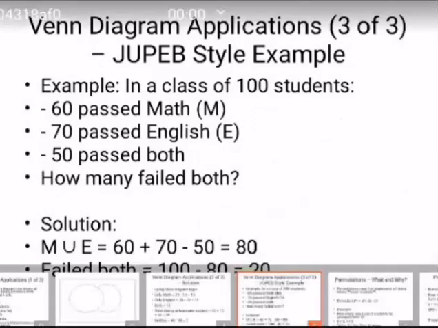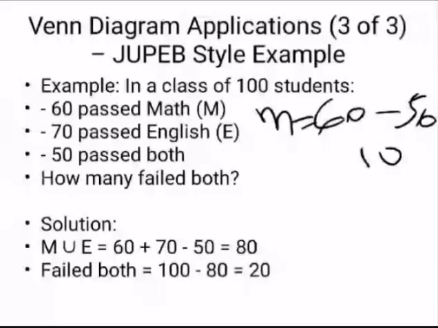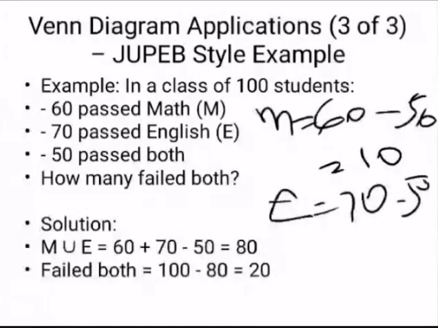To find those that passed maths only, that's 60 minus 50, which gives us 10. To find those that passed English only, that's 70 minus 50. Sorry, that's 20.